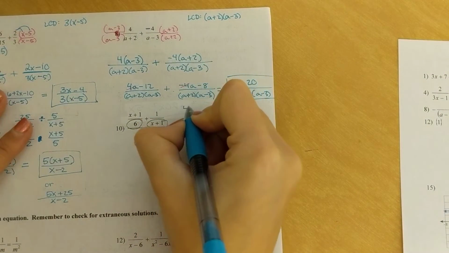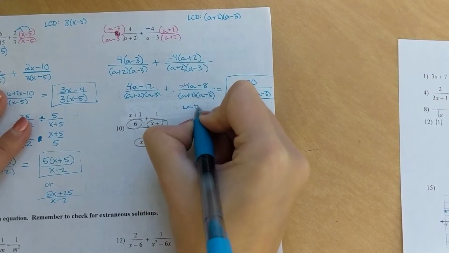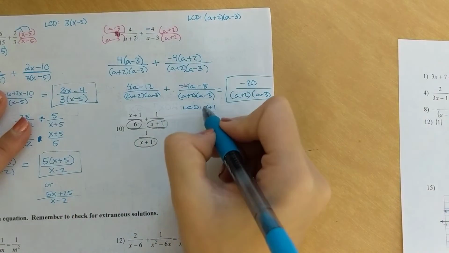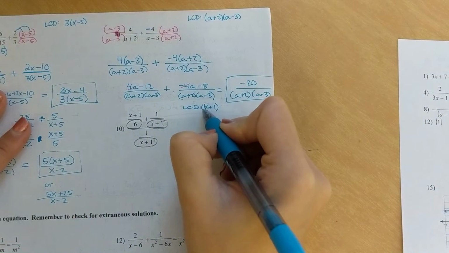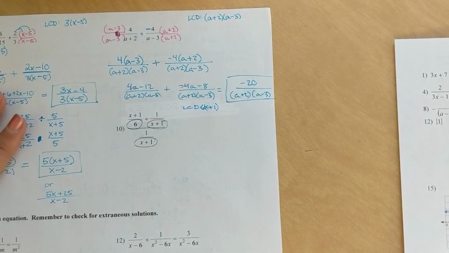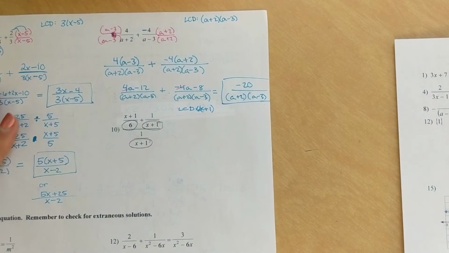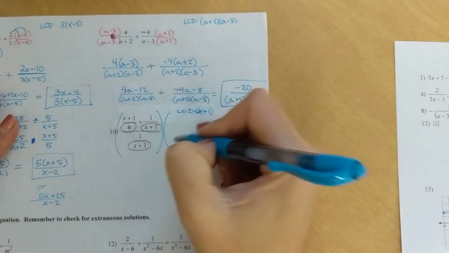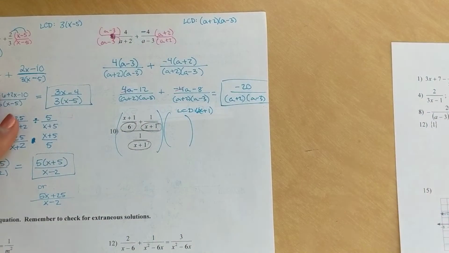So the bigger part is the x plus 1, so that's definitely in the LCD. But there's also a 6, so group the x plus 1 and multiply it by a 6. Good. So now we're going to multiply this entire fraction by the LCD over the LCD.